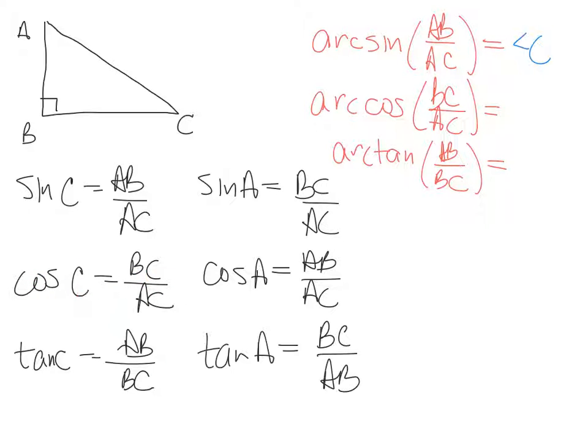If I put this here, we actually have the measure of angle C again. Or even arctan of AB over BC is going to be angle C. So mathematicians use arctan, arcsine, and arccosine to refer to, let me write it down.